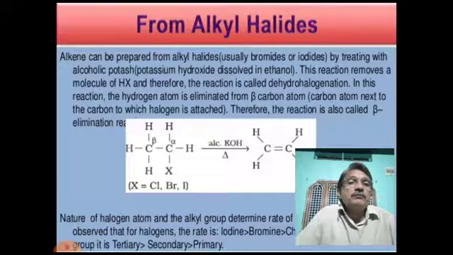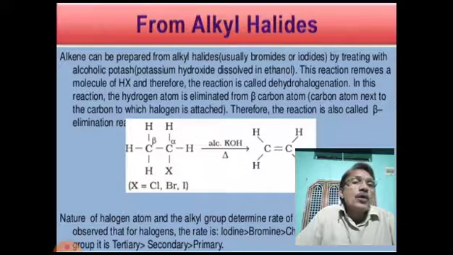Example: when ethyl halide is heated with alcoholic KOH, it loses a molecule of HX and gives ethene. So, in this process, one molecule of hydrogen halide has been eliminated.